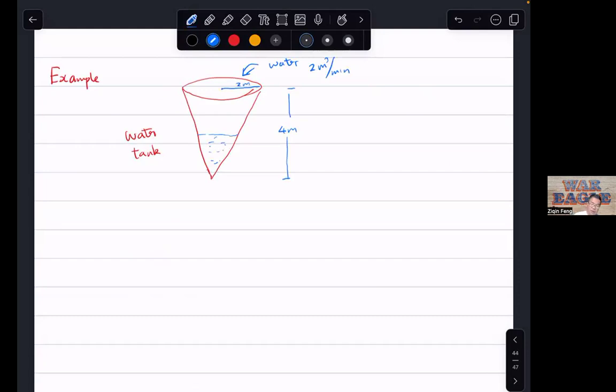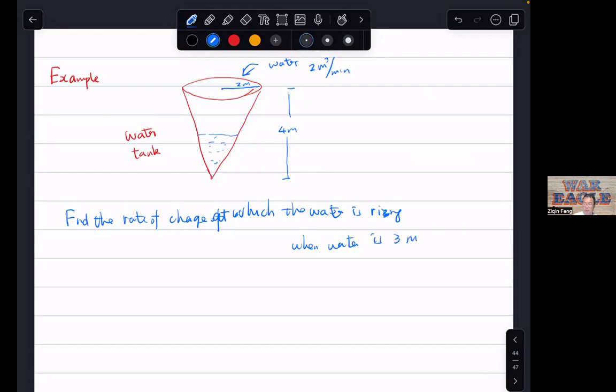So we want to find the rate of change of the water level, how fast the water is rising, when the water is 3 meters deep.